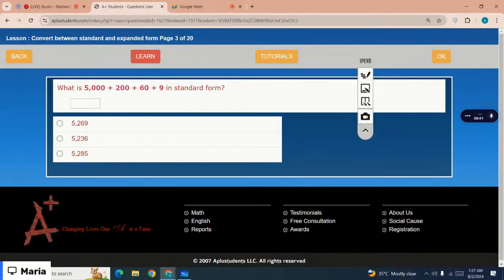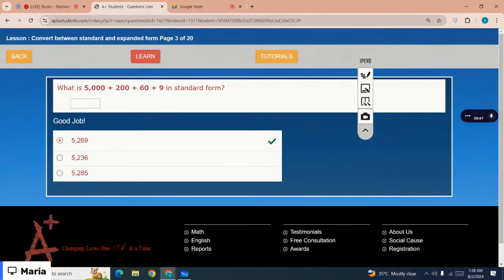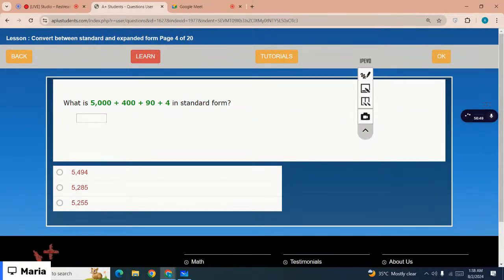The correct option is 5269. Option number 1 is the correct option. Very good. What is 5000 plus 400 plus 90 plus 4 in standard form? So, which is the option?